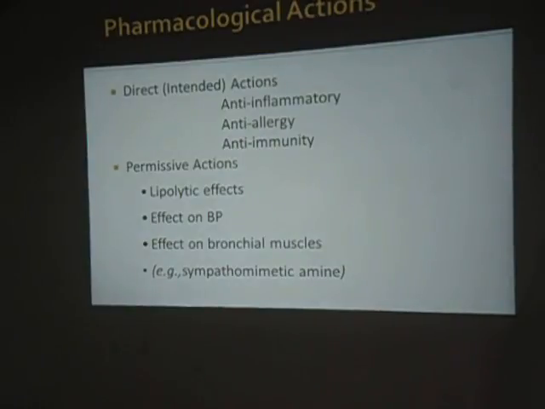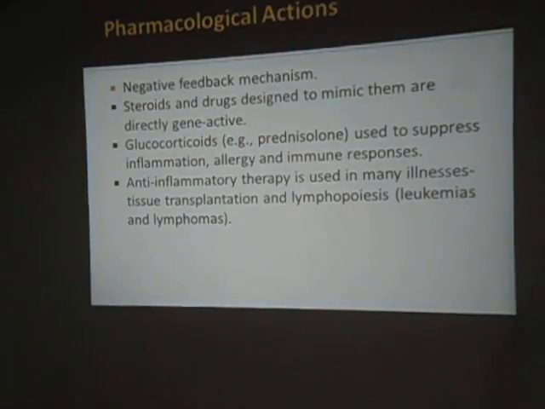So pharmacological actions: we have direct anti-inflammatory, anti-allergic and immune responses. Almost on all the systems we have the corticosteroid effects. Effect on BP, we told mineralocorticoid-induced hypertension, lipolytic effect, buffalo hump, bronchial smooth muscles, we already know how we are using it.